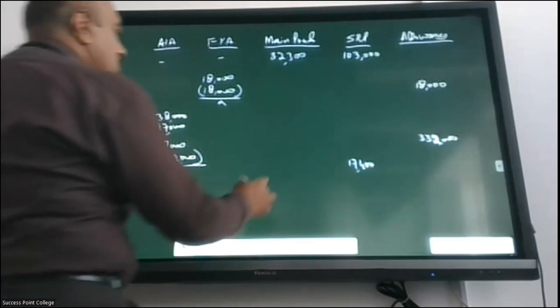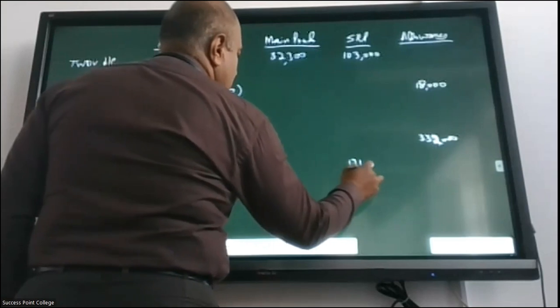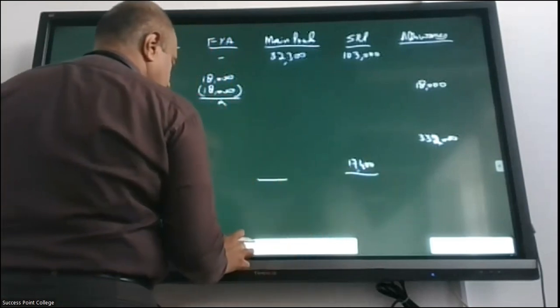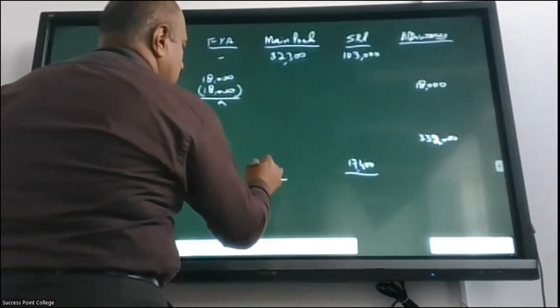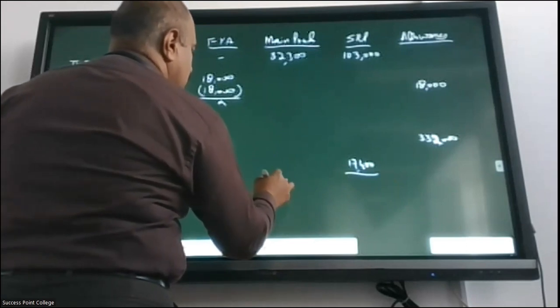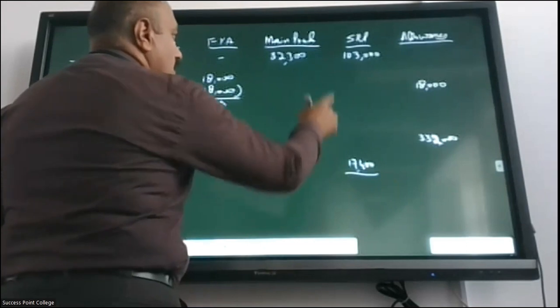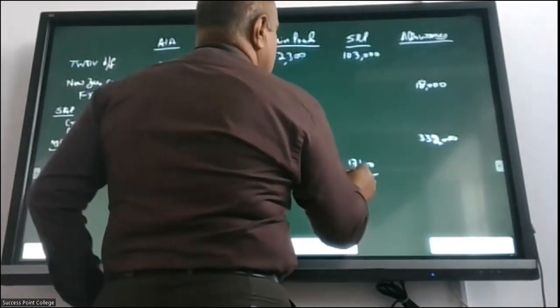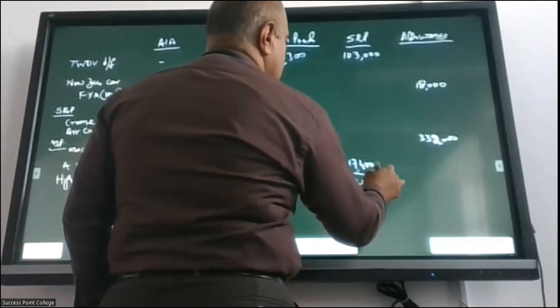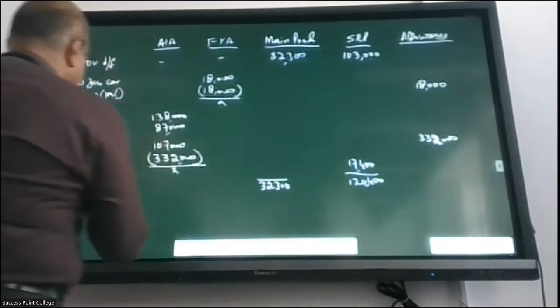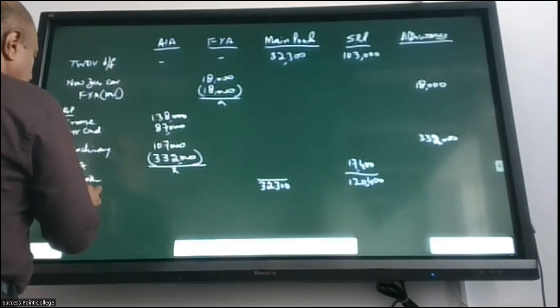Nothing. Now we will charge the WDA at these columns. So the total value for this is 32,300. The total value of this column is 120,400. Okay. So we will charge WDA.